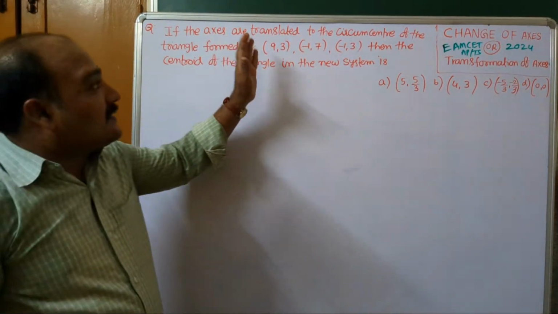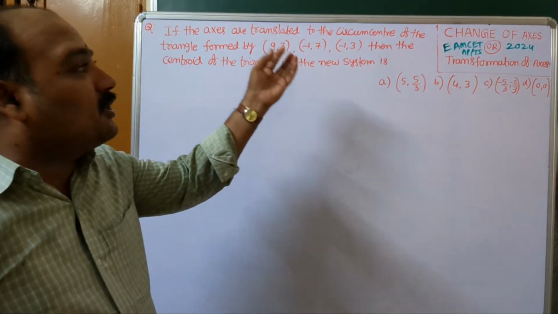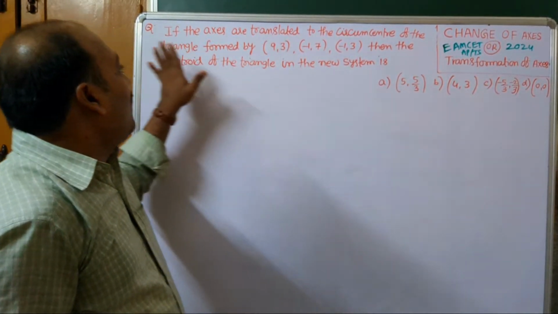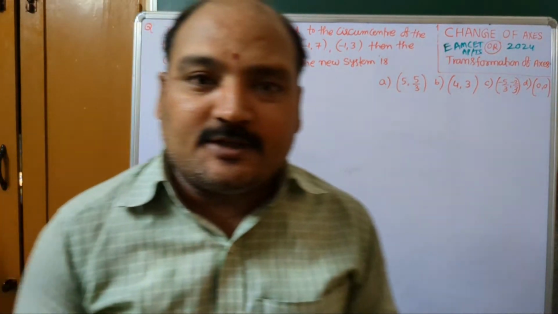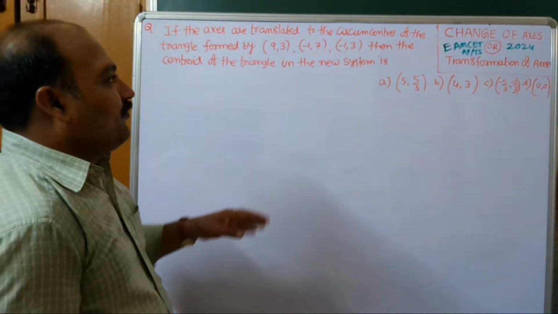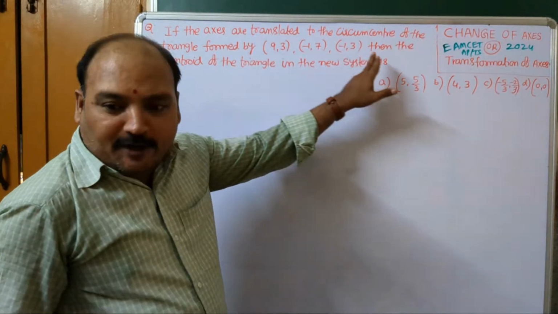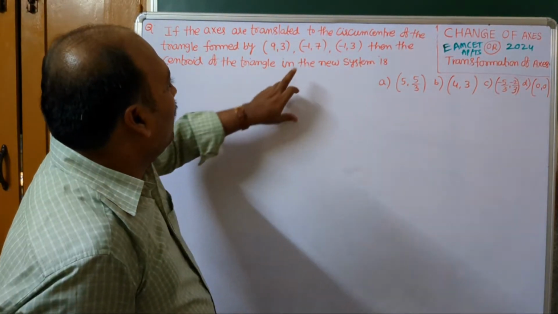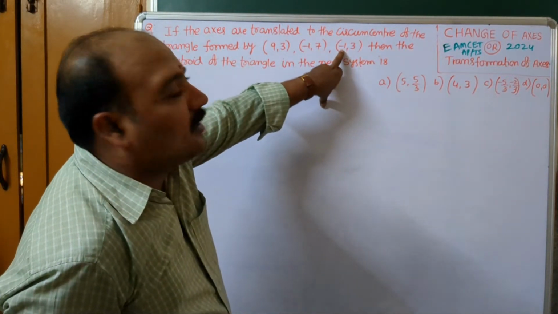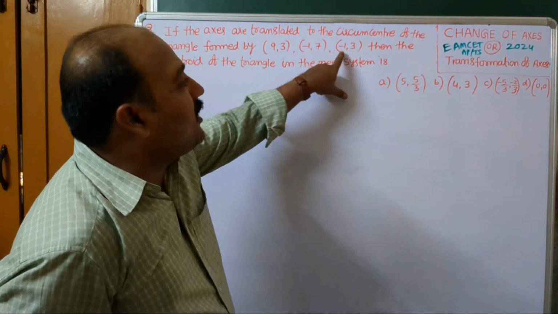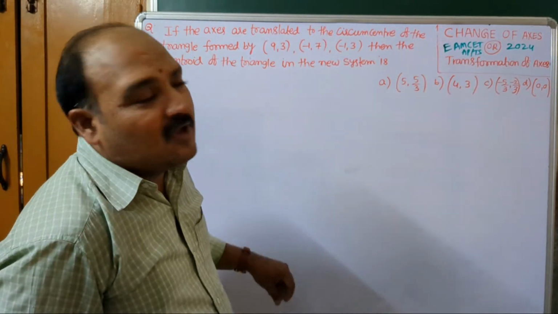If the axes are transformed to the circumcenter of the triangle formed by these points, observe, students, the given points. Among the 3 points, x coordinates are equal in the second point and third point. Am I right?